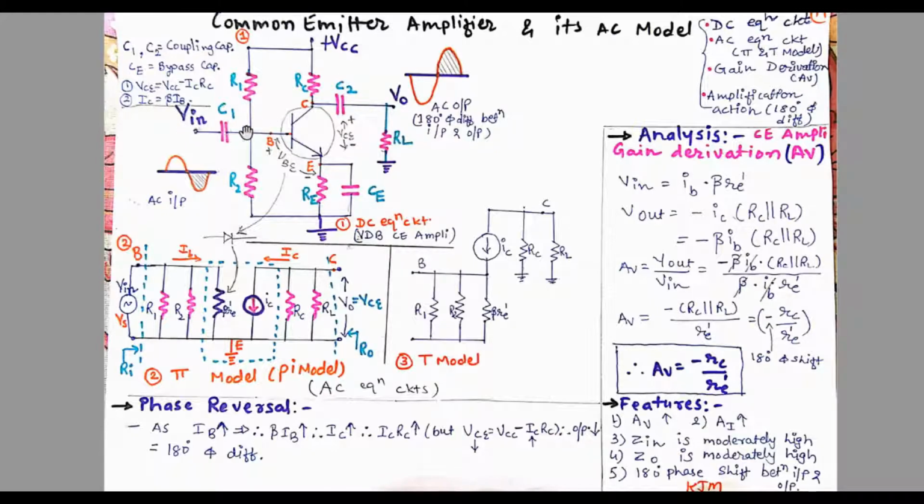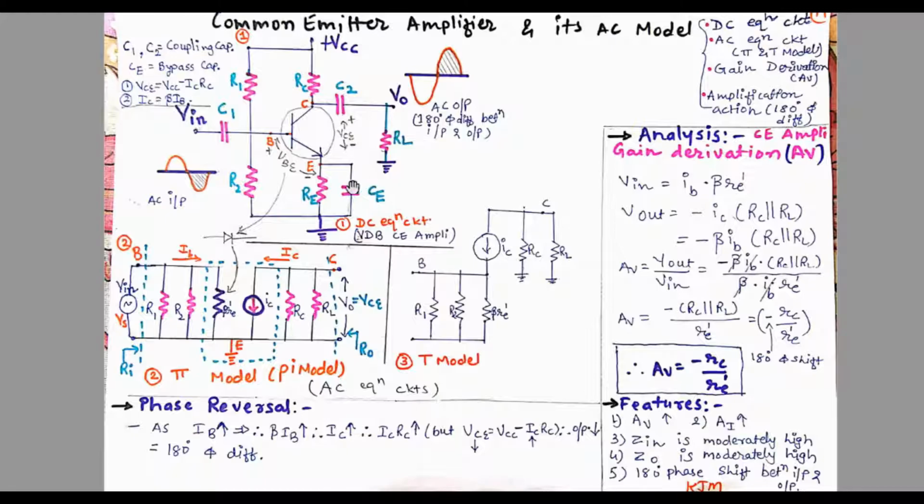V input is coupled to the base via C1 and V output is taken out from the collector terminal via the C2 coupling capacitor. RC is the collector resistance. RE is the emitter resistance. Names are given according to the terminals the resistances are connected with.